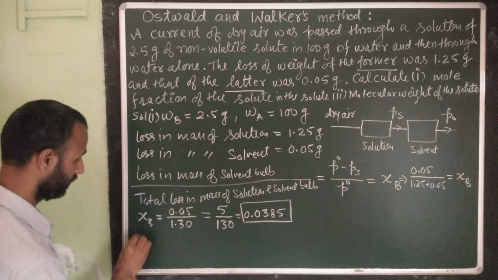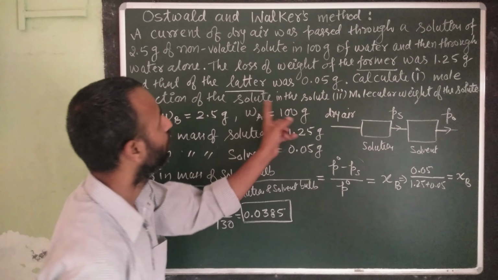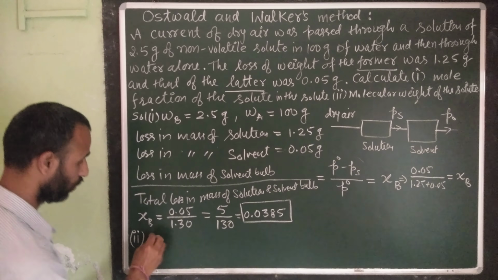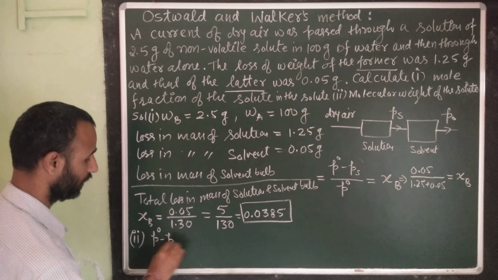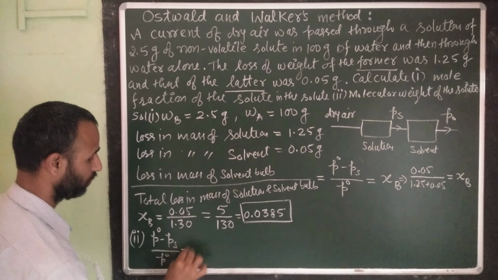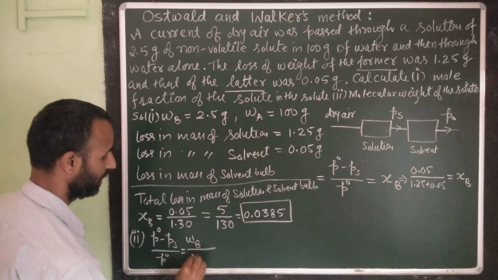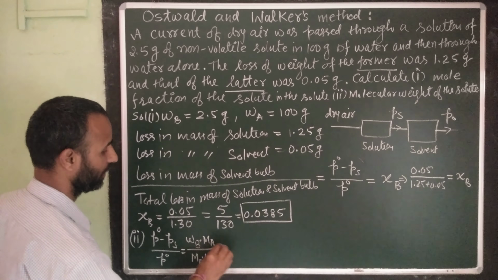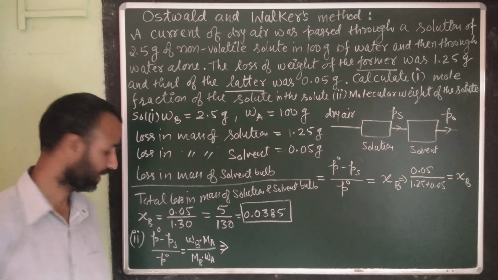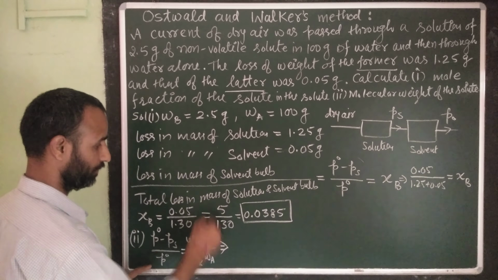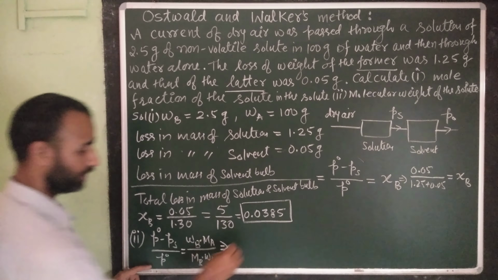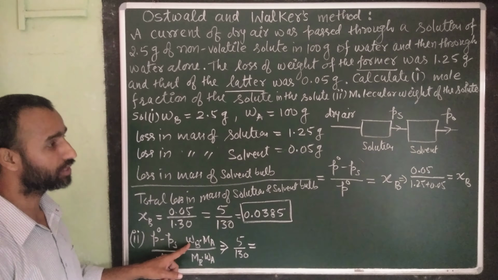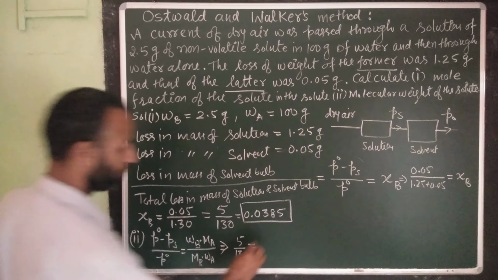Now second part, to calculate molecular weight of solute. So you know P naught minus PS over P naught is equal to WB by MB into MA over WA. That implies, what is the value? It is mole fraction actually, that is 5 over 130, and is equal to, what is WB? It is 2.5.